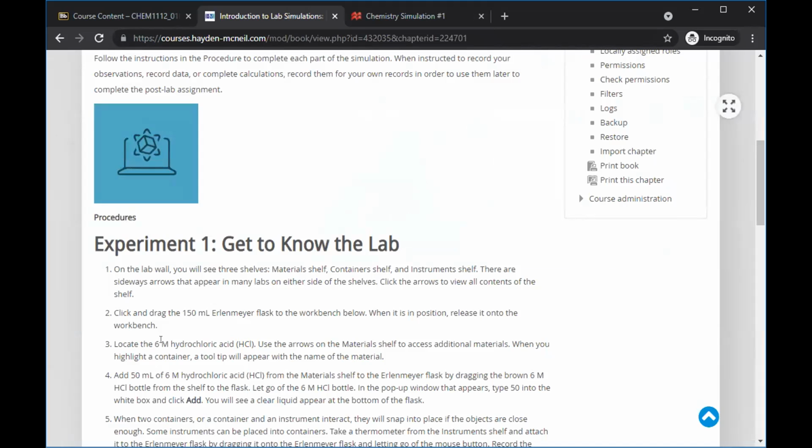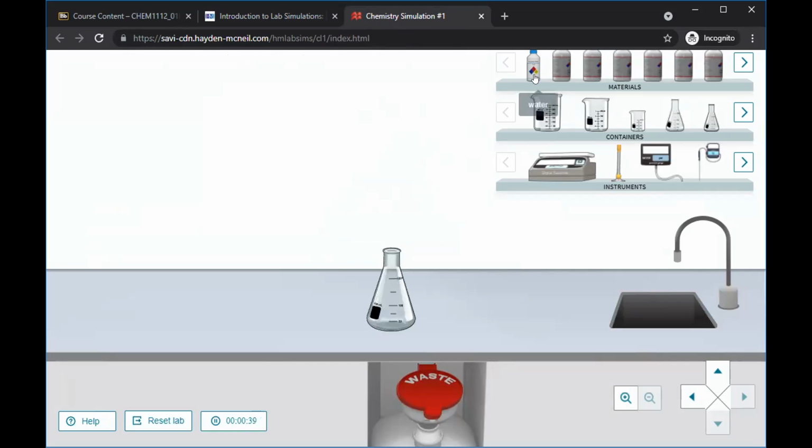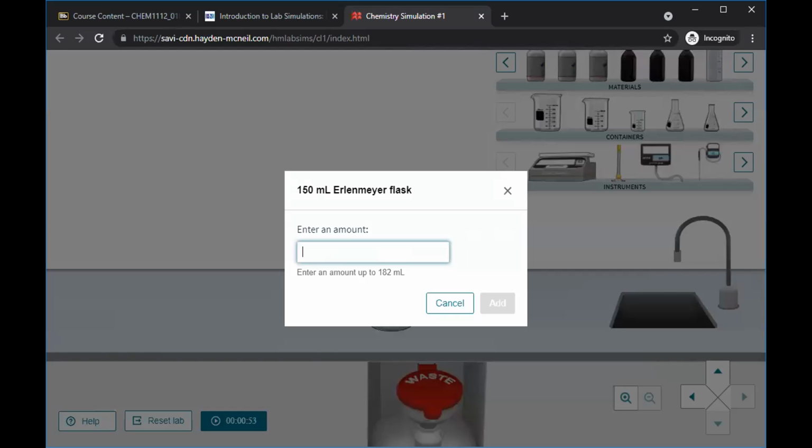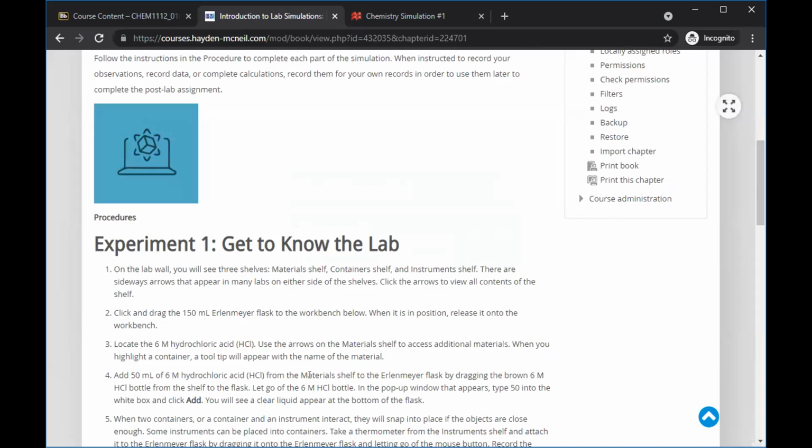Then get 6 molar hydrochloric acid, use the material shelf to get additional material. So I go to the material shelf and I look for this 6 molar acid. And it's not any of these, so I need to click the arrow, move over a little bit. 1 molar, 6 molar. So here it is. And I have to see what to do with it.